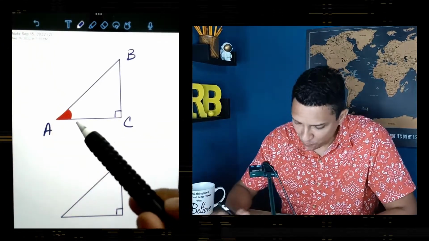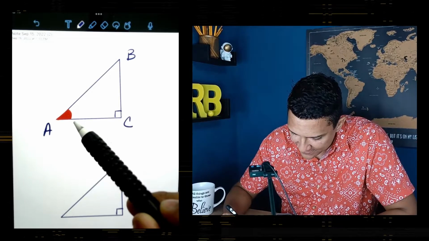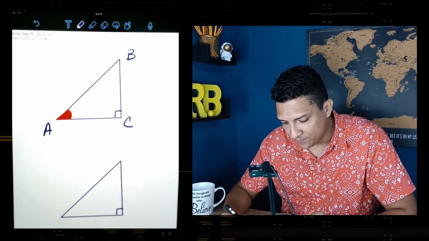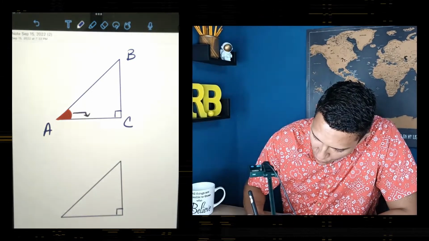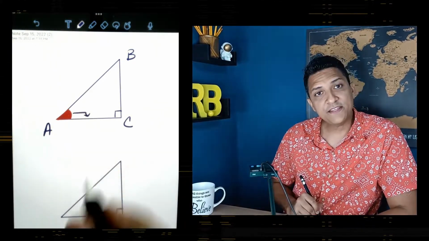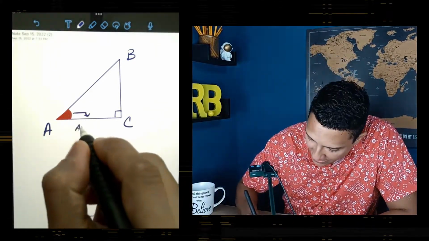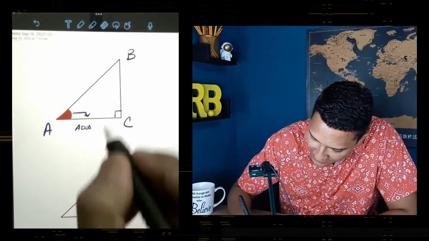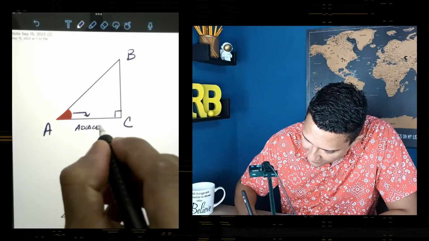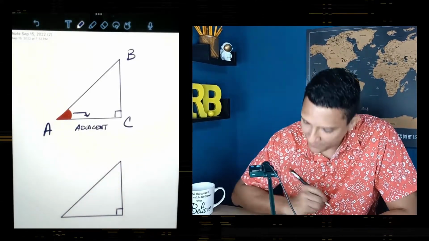Okay, so suppose that my angle of reference is the angle A, okay? The side that is closest to this angle of reference is what we call the adjacent side, okay? The adjacent side.